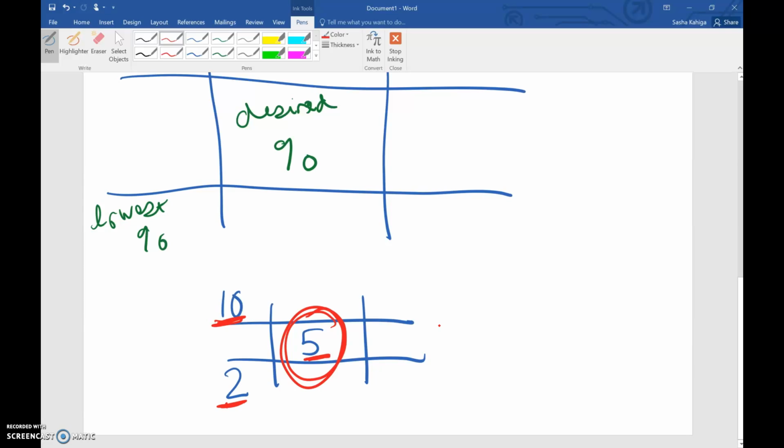You can count from 2 to 10, and 5 falls in between: 2, 3, 4, 5. If I keep going, 6, 7, 8, 9, 10. 5 falls in between 2 and 10. So now that you know your percentages are placed within your grid correctly, your next step is to subtract diagonally.